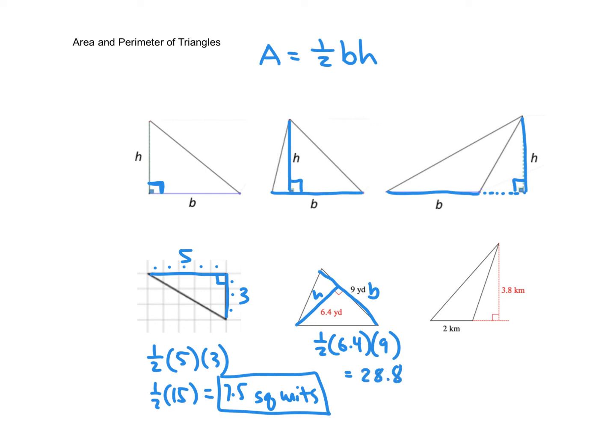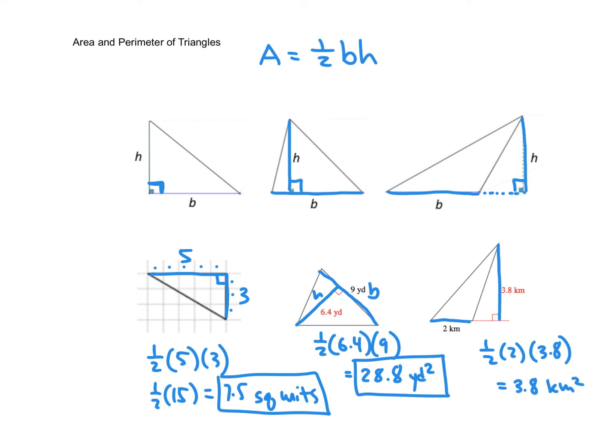And this time my units are yards, so it's going to be square yards. And for the last one, the base is going to be 2, and the height is outside the triangle. So we do 1/2 times 2 times 3.8, and we get 3.8 square kilometers.